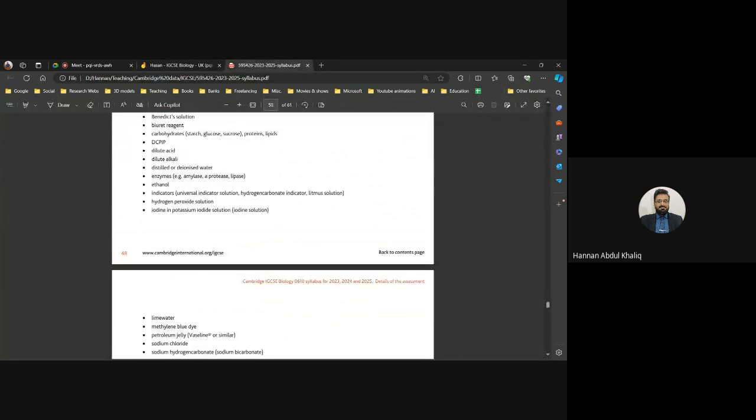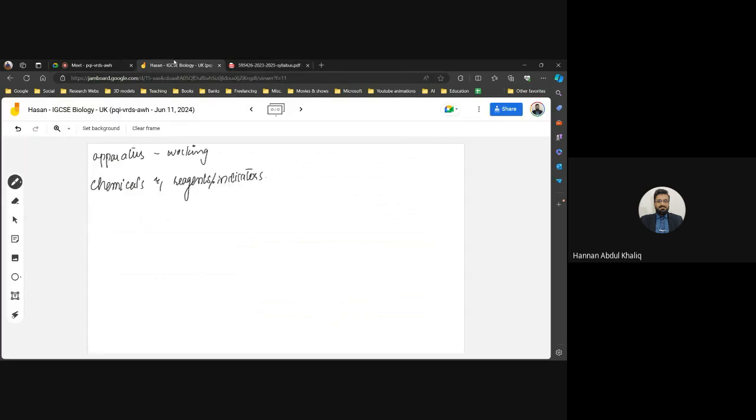So suppose you'll be reading over here hydrogen carbonate indicator. This hydrogen carbonate indicator is used when you want to know about the amount of carbon dioxide in a solution. It has three colors.